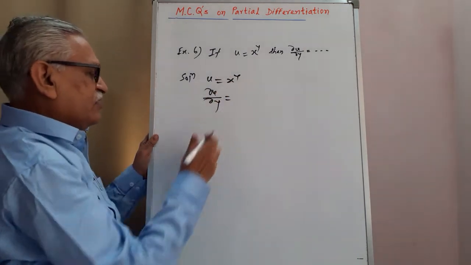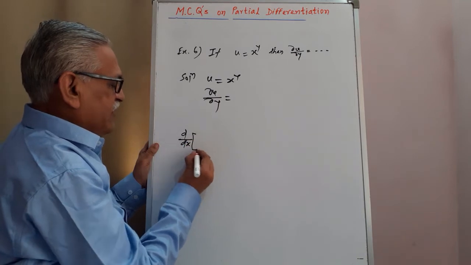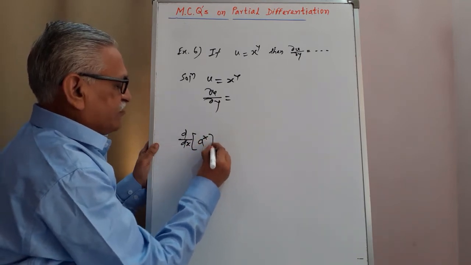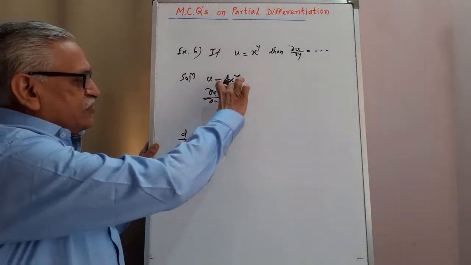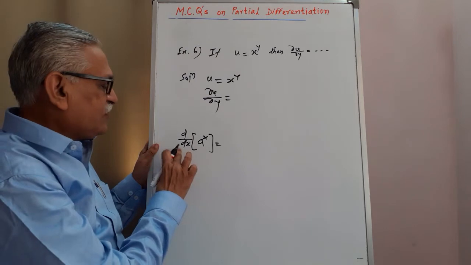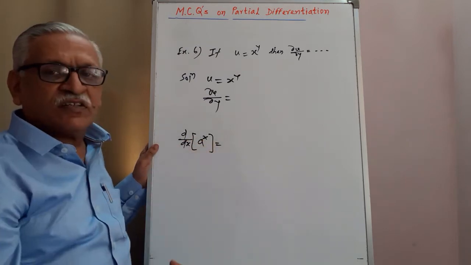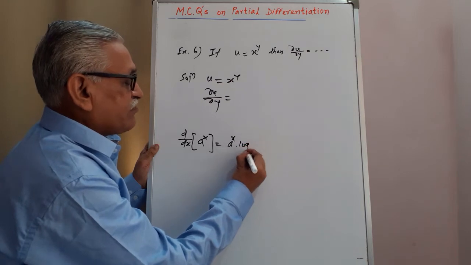Therefore, it is somewhat similar to d by dx of a raised to x. With a constant, here x is constant, therefore we can use this result. The differentiation of a raised to x is a raised to x into log of a.